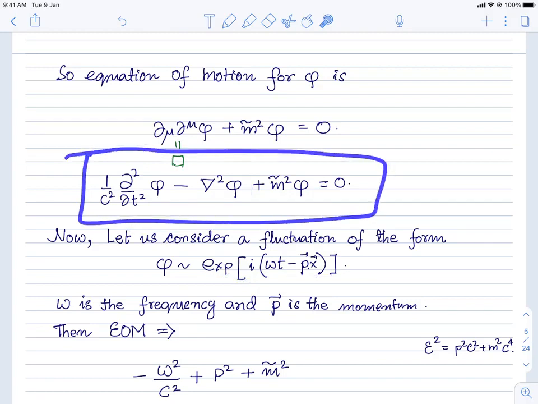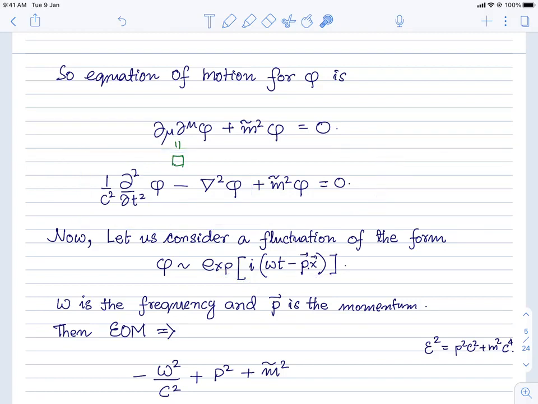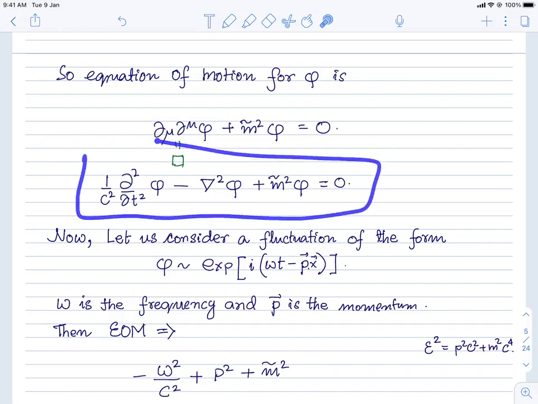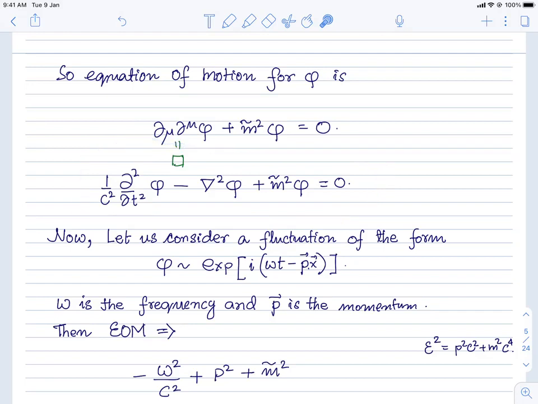This is the equation of motion, and this is what determines the dynamics of phi. And now you can go ahead and solve these equations. I'm pretty sure that you guys can solve this equation, because you know how to solve these kinds of equations now. Given some boundary condition, you've encountered a similar equation in electrodynamics, so you can try to solve this.